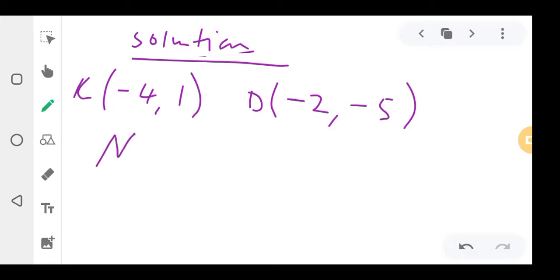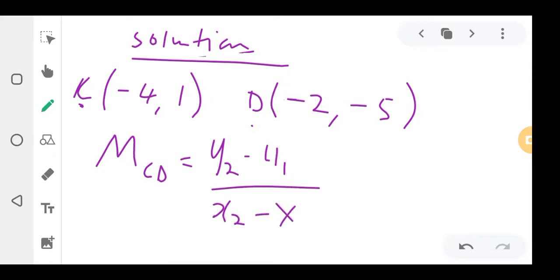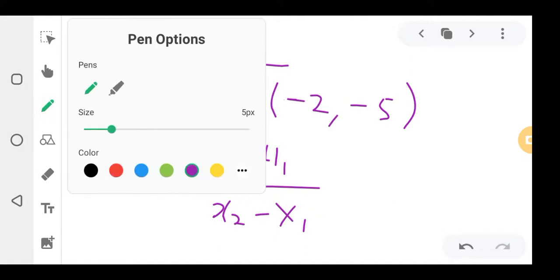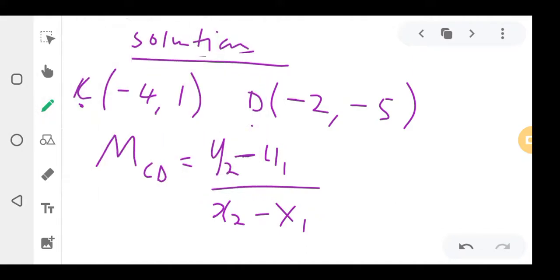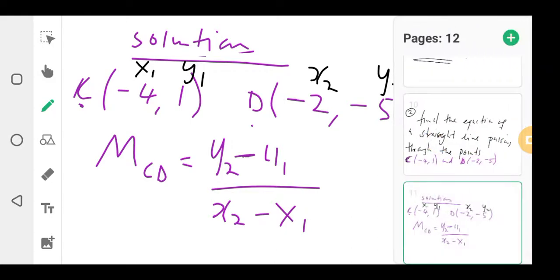Okay, when you write that, that's when you write the formula now. So gradient of the line CD. So CD, write the formula, y2 minus y1 over x2 minus x1. When you write that, then you label those points. So meaning 4 here it's x1, 1 here it's y1, and then this one x2, y2. And then you solve now.